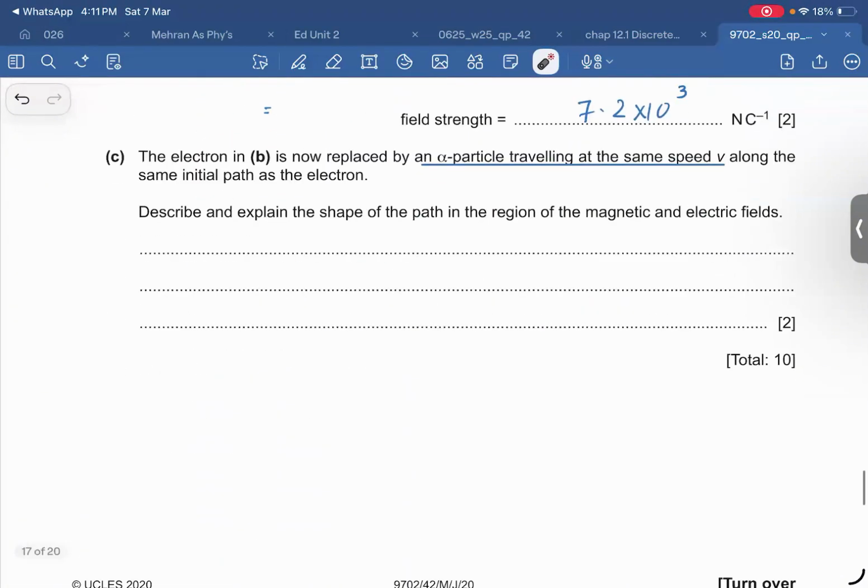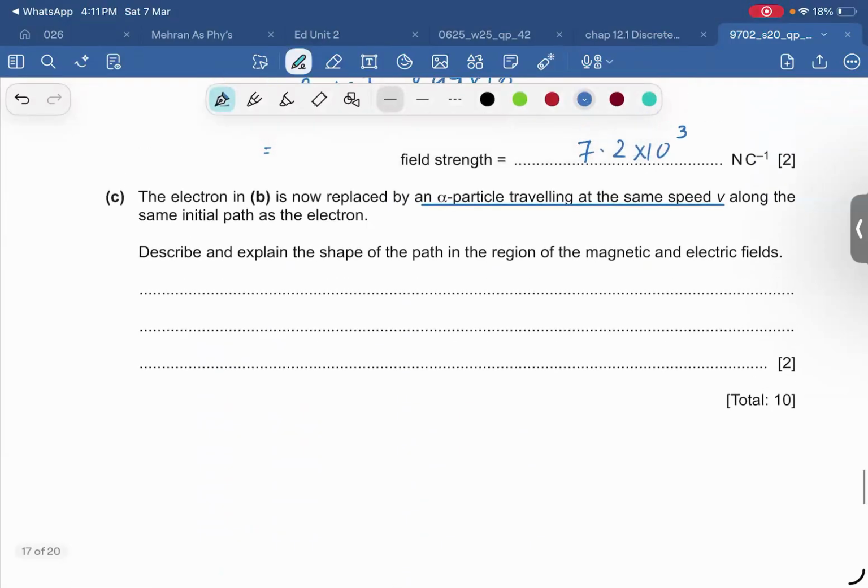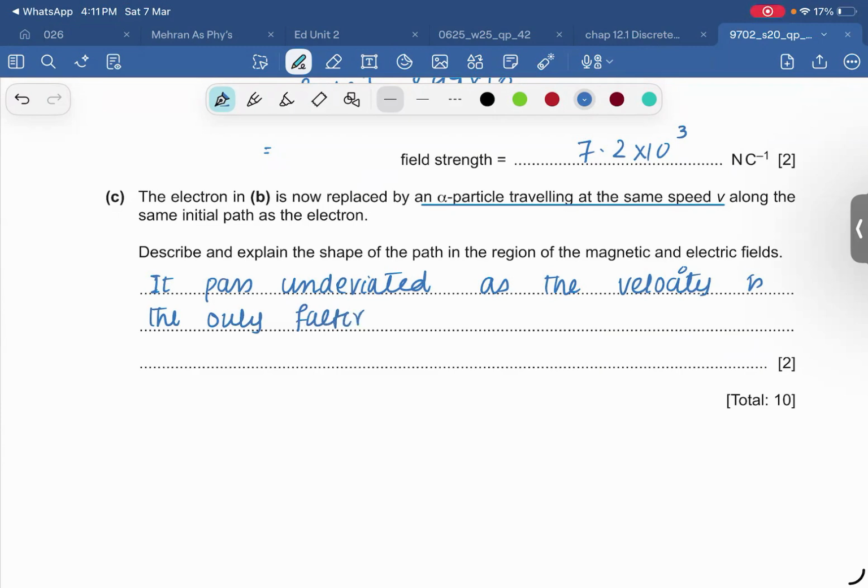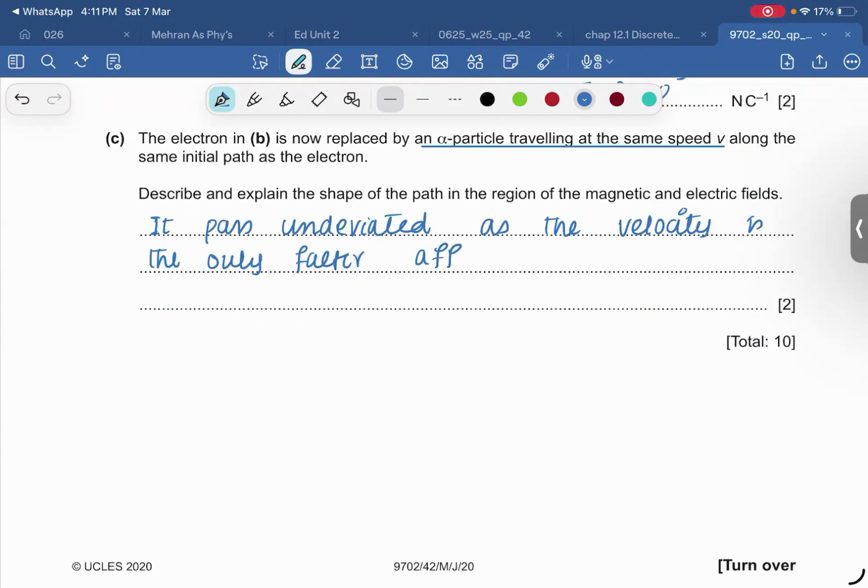So we can say that it passes undeviated, as velocity is the only factor that affects the deviation.